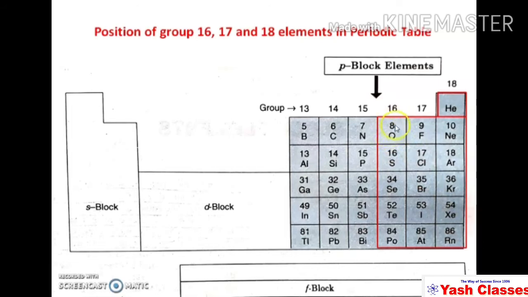Group number 16 are the oxygen family elements; the names of these elements are oxygen, sulfur, selenium, tellurium and polonium. In this way, in this chapter we are going to focus on group number 16, 17 and 18 elements.